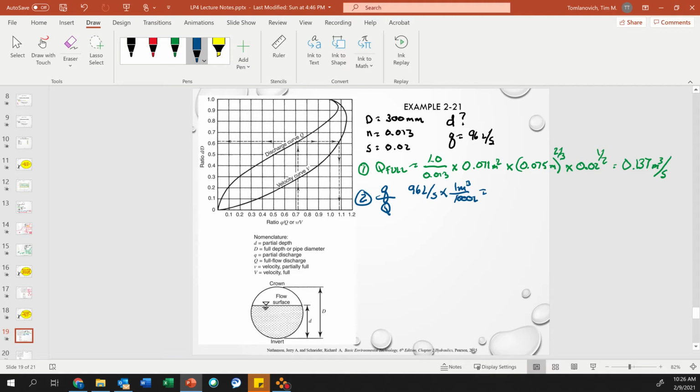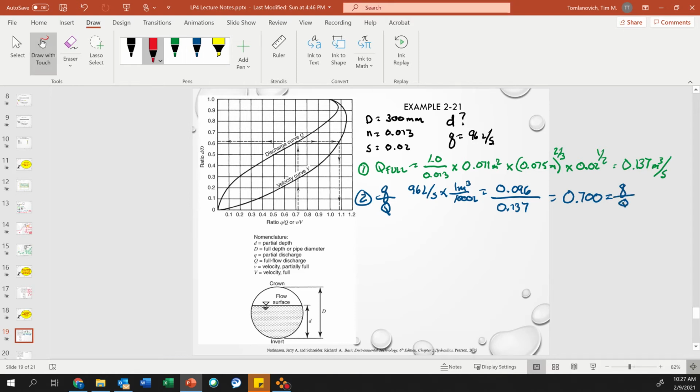We move the decimal back 2 spots. So that equals 0.096 divided by 0.137. And we get our ratio, and that is 0.7. That equals little q over big Q ratio.